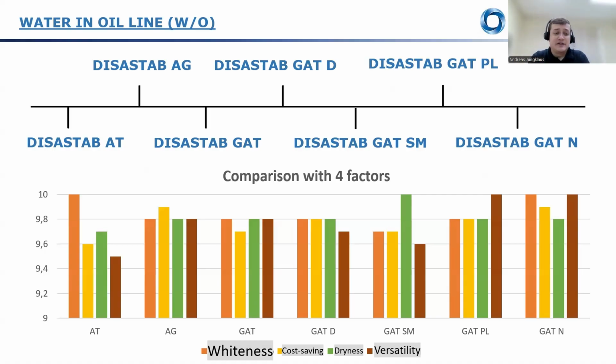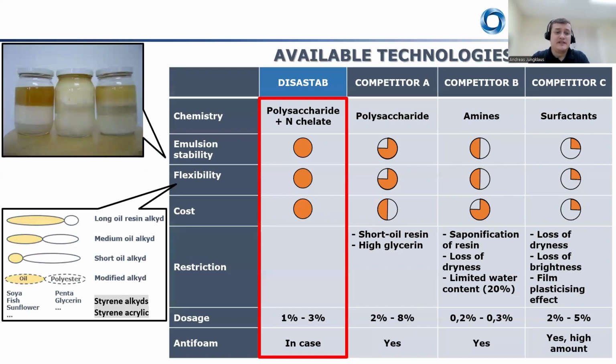And as I told before, Disamtex's star is Disastab GATPL, which has found good acceptance in several countries already. And here is a comparison with other technologies and different commercial and technical aspects.